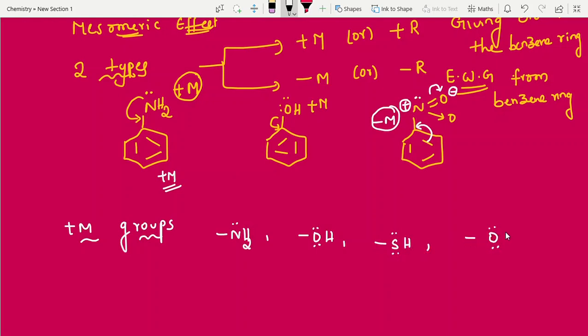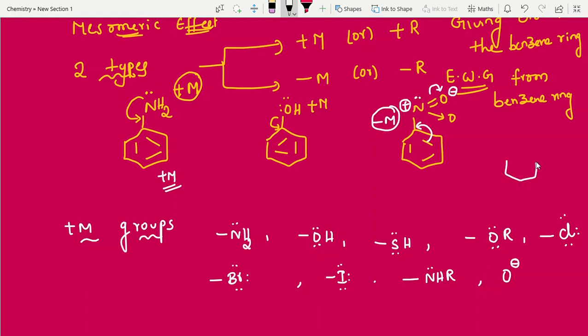Okay, OR, lone pair. Next Cl. Next Br, bromine, it has a lone pair. Next iodine also has a lone pair, it is also giving electrons. Next NHR, it has a lone pair. Next O minus, with a minus charge also.